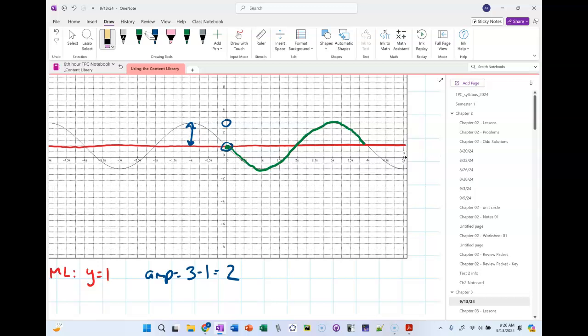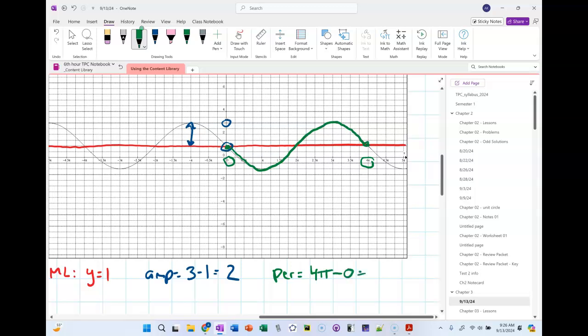So we did a down and then an up, and then we're back to the midline again. So we start at x equals 0, and we end at 4 pi. So my period is just going to be 4 pi minus 0, or 4 pi. You feel pretty good? Okay.